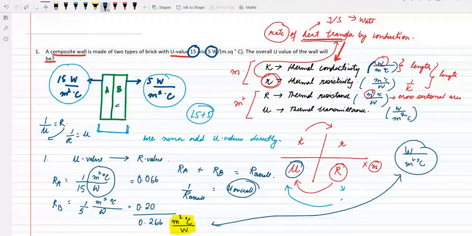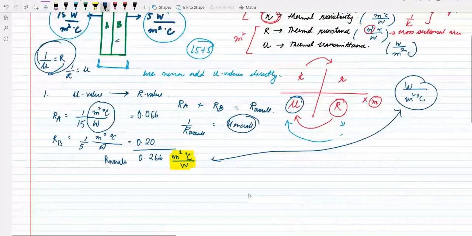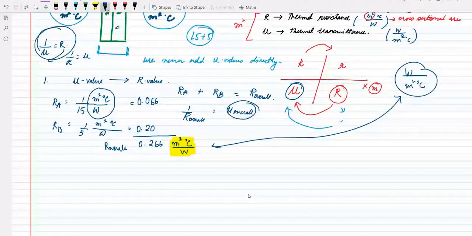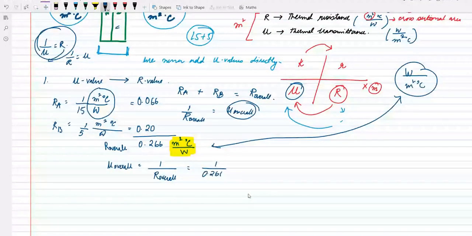As I said earlier, this is the relation. We have the overall R value. The question is demanding the overall U value. What we do is we'll just reciprocate. Okay. So U overall is nothing but 1 by R overall, which is 1 by 0.266.